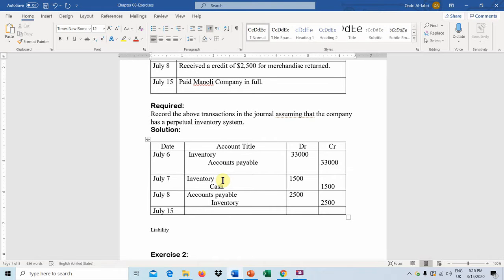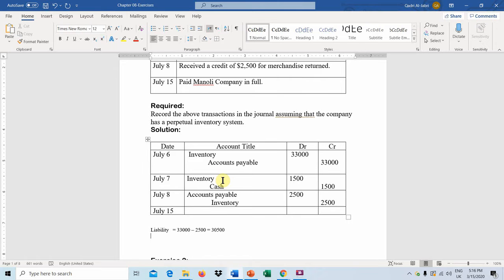The liability that we have to pay is 33,000, but because when we returned some of the inventory the liability decreased by 2,500, now the liability balance is 30,500.